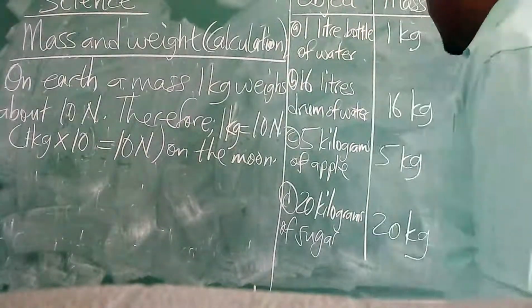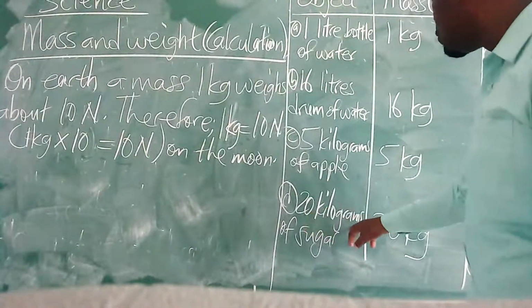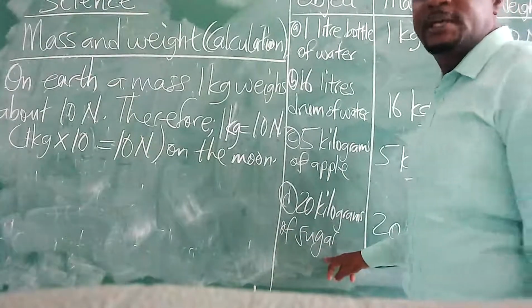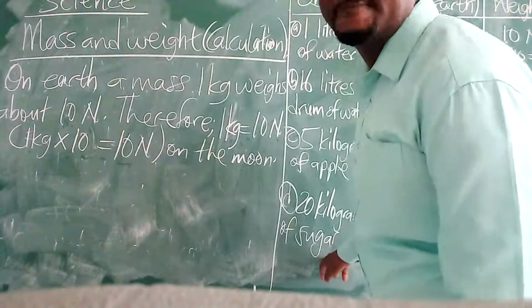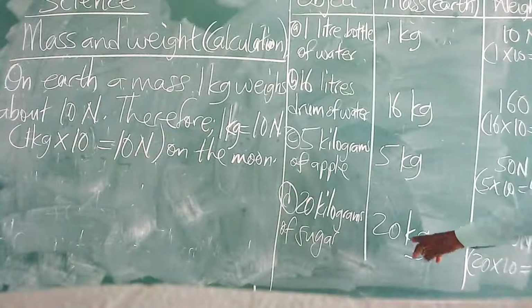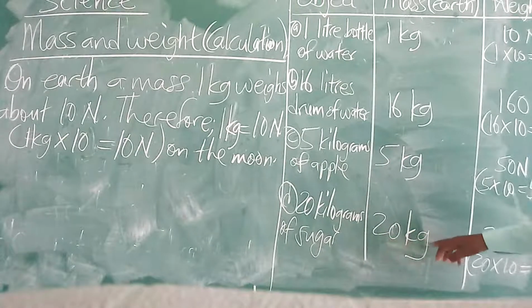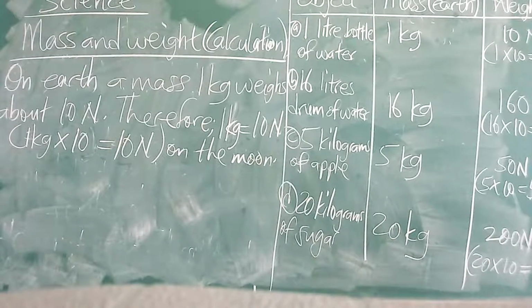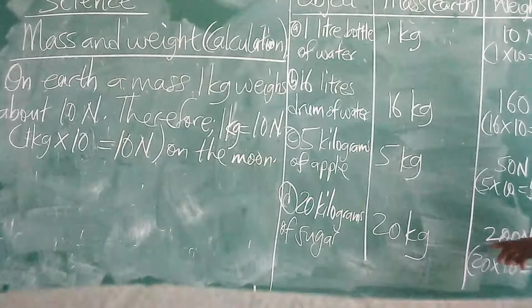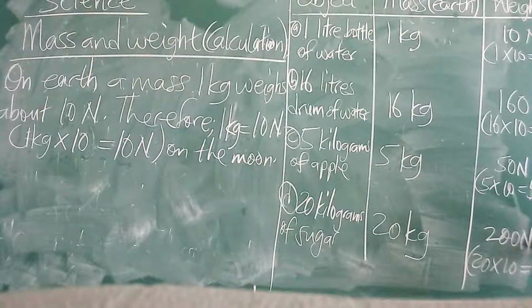The same thing if you have 20 kilograms of what? Sugar. It will go on the mass on the earth, it should go at 20 kilograms. And then on the moon, the weight will be 200 newtons. That's 20 times 10.